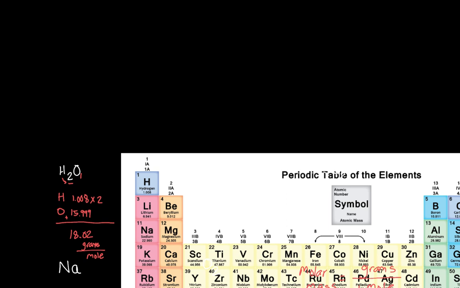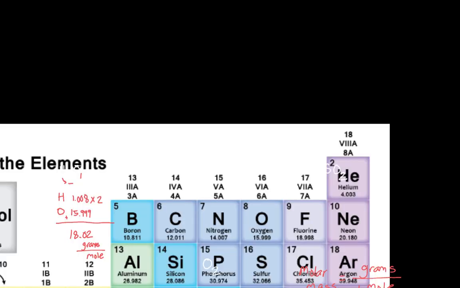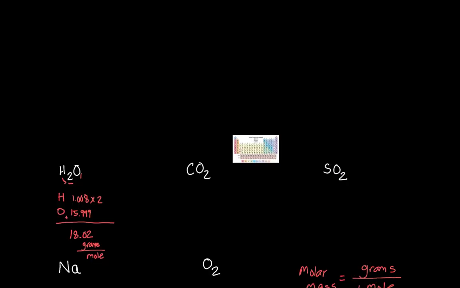All right, let's do another one. All right, so CO2. So carbon on the periodic table has a mass of 12.011. It's element number 6. And then we already saw oxygen was 15.999, so we're going to use both of those. All right, so let's write this down. So 12.01, and there's only one carbon, so we can just write 12.01.